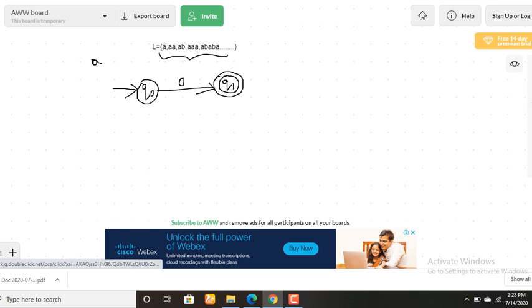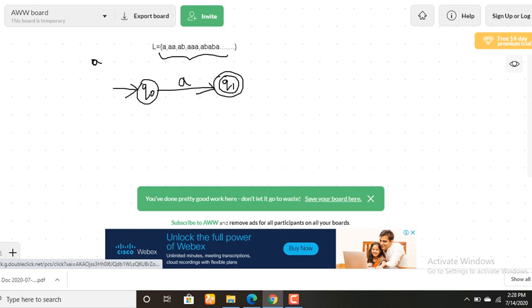So on A, your DFA goes to the final state. Next, what about AA? For the next A, I will make a self loop. If A and A come, this string also ends in the final state.